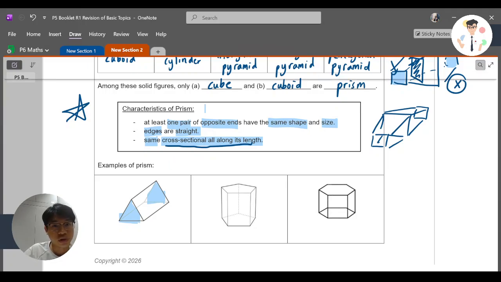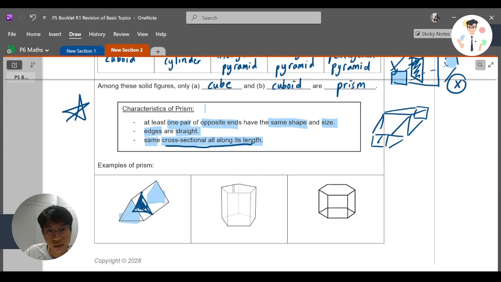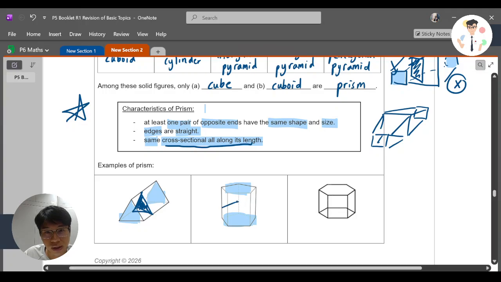Are all the edges straight? Yes, all straight. Is it the same cross-section all along its length? As you can see here, if I cut here, it's a nice triangle. Correct? How about this? This and this are also the same, right? Edges all straight, and if I were to cut, it will be like this.